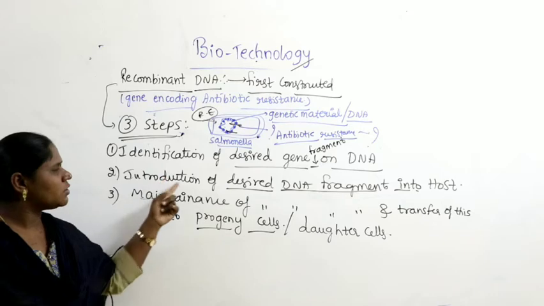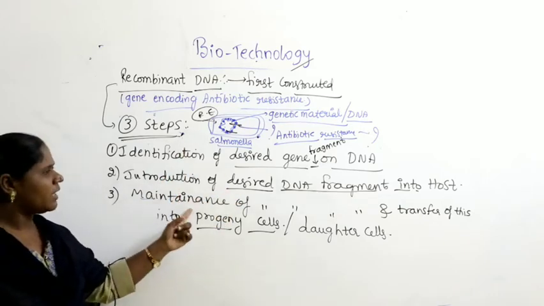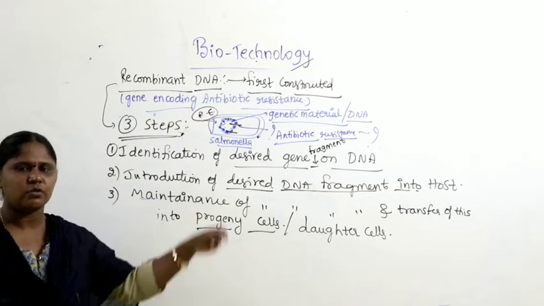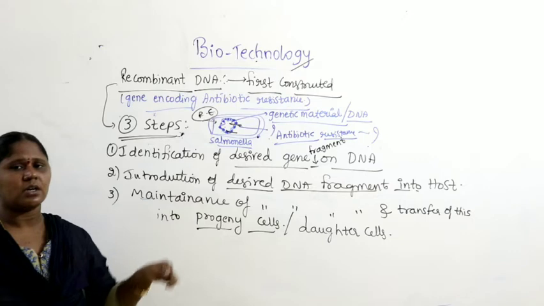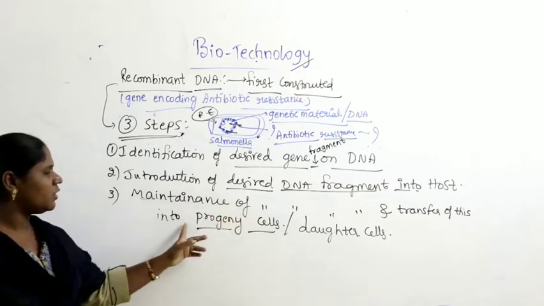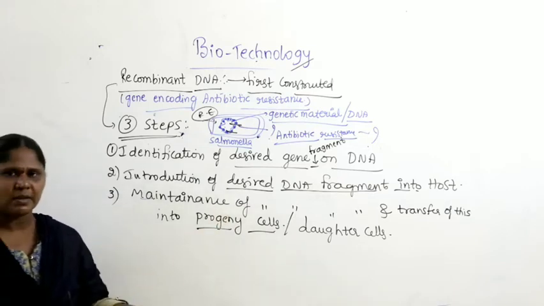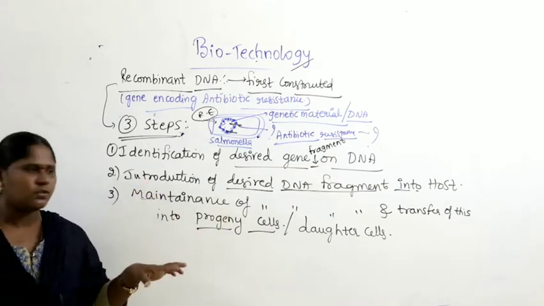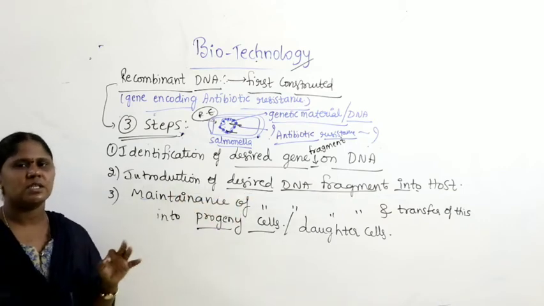So the first step is identification of the desired gene fragment on DNA. The second is introduction of the desired DNA fragment into the host organism. Then the DNA fragment must be maintained and stabilized within the host, so that when the host undergoes replication, along with the original genome, the recombinant DNA also gets transferred into progeny cells or daughter cells.